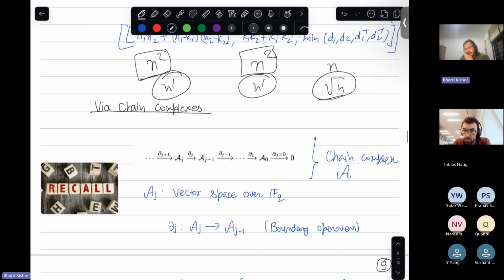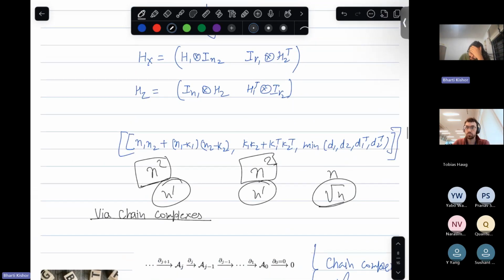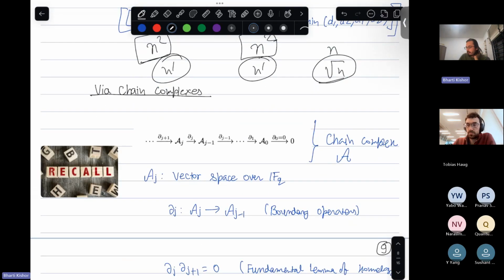And you can understand this hypergraph product code via chain complex language also. If some of you remember, we talked about topology in the first two or three sessions. You can think of the hypergraph product code as the tensor product of small-length chain complexes.